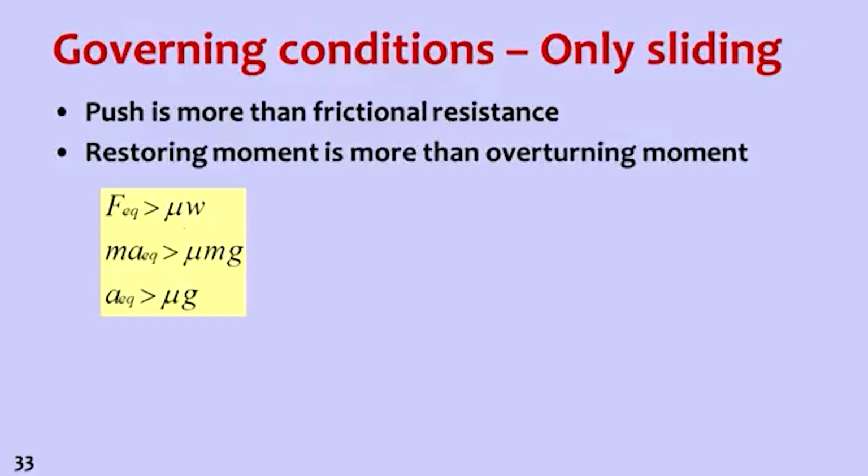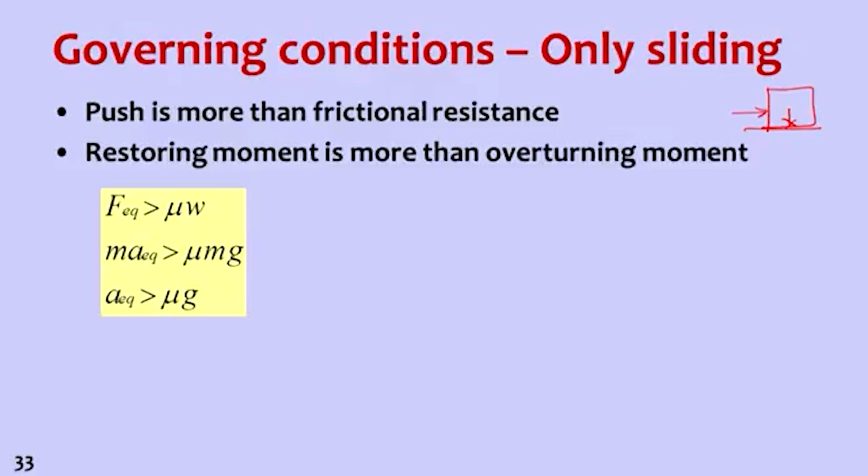As we know, weight acts on the base, and if we want to push, this push, that is the force of the earthquake, has to overcome weight times frictional resistance. That means the earthquake force, which is the mass of the object times earthquake acceleration, should be greater than the frictional resistance.